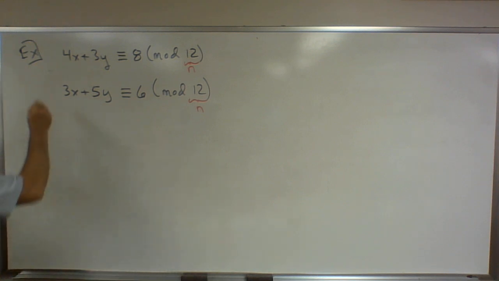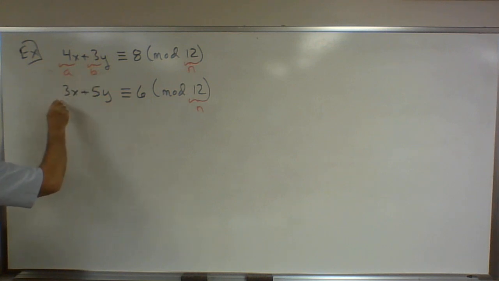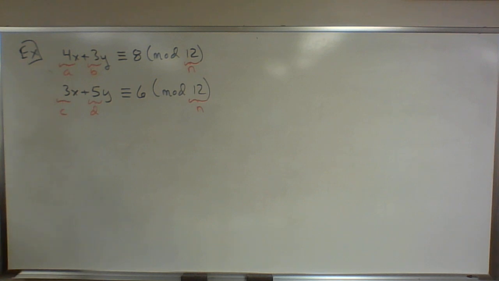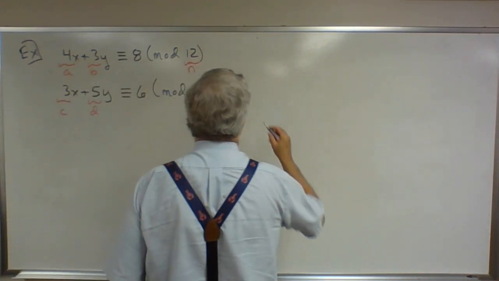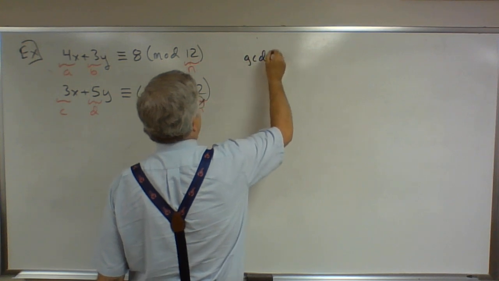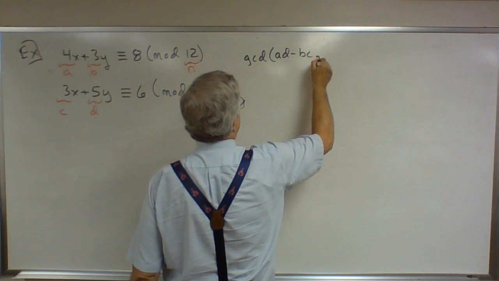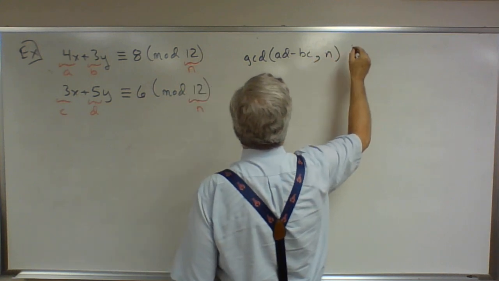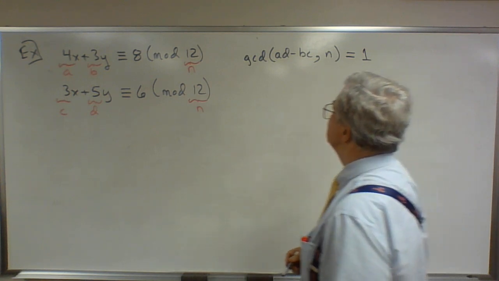A, B, C, and D. And what do we need to make sure of? We need the greatest common divisor of AD minus BC and n to be equal to 1. I sure hope that happens.